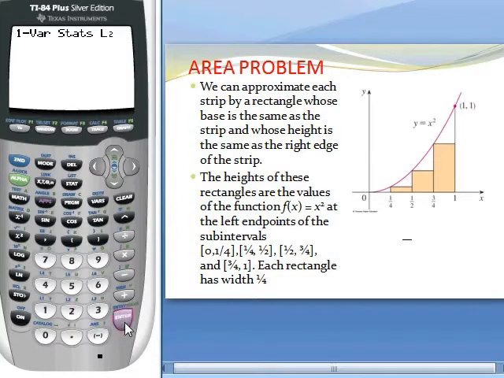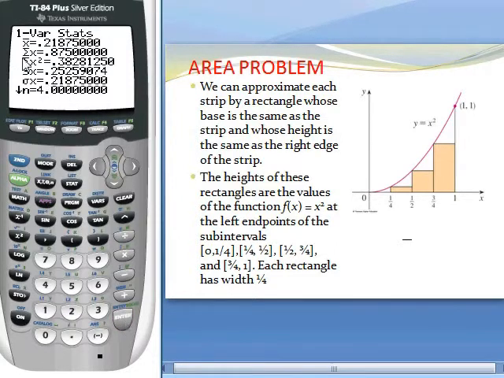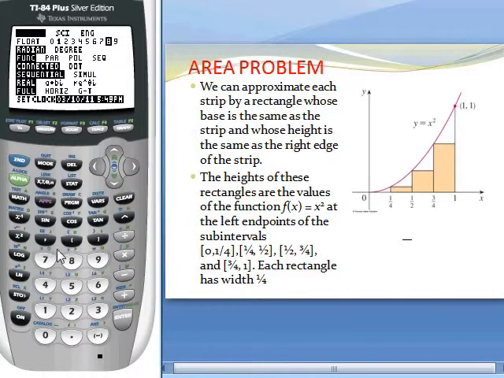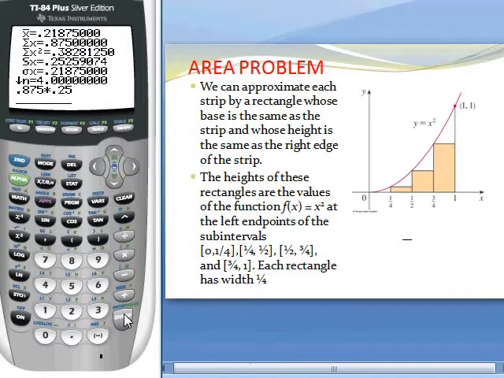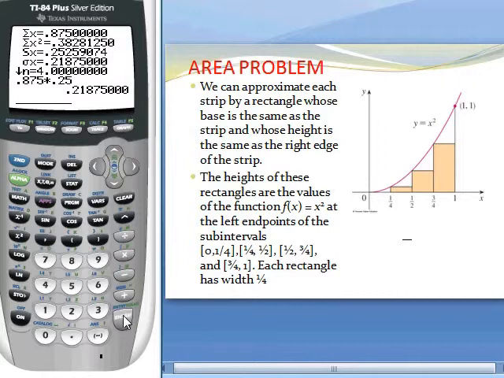And push enter. Here's my sum. It is going to be 0.875. So I can say, okay, 0.875, that's my sum, times 1/4, which is 0.25, and that will give me the area, 0.21875.